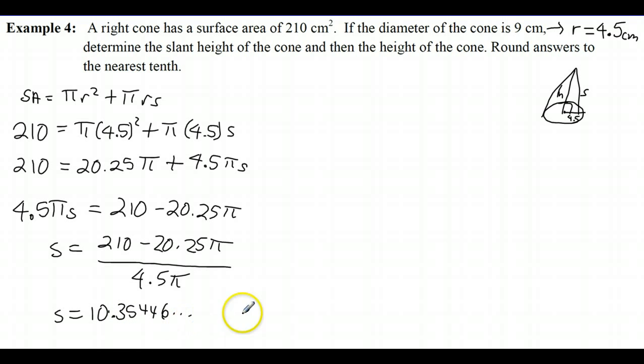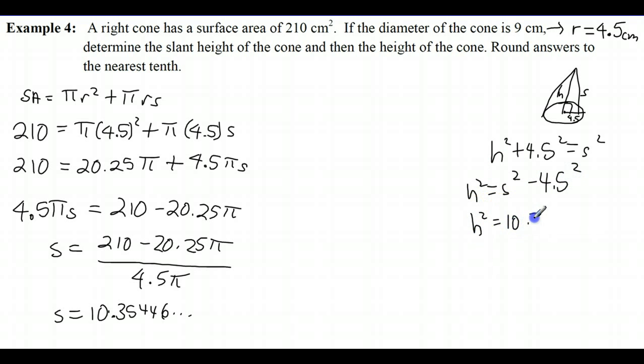I didn't round it. I'm now going to go over here and say that h squared plus 4.5 squared is s squared. See, that's why we don't want to round this. If we round it, we're using a rounded value here. This can throw off our actual value for h. So h squared is s squared minus 4.5 squared.